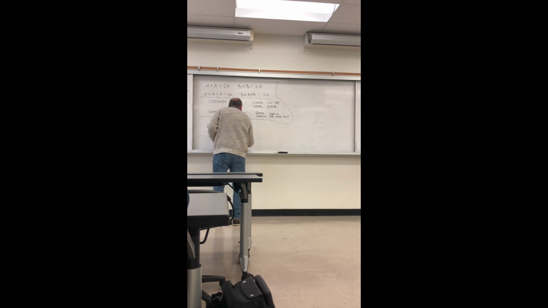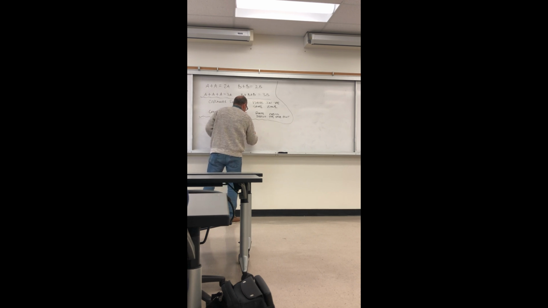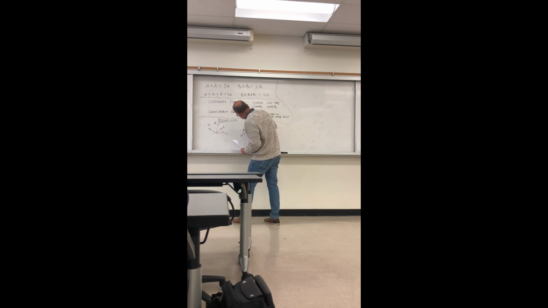So redrawing them, putting the tail to the heads, I'll start with A. So here's A, and then B goes off like this, and then C is like this. Right?